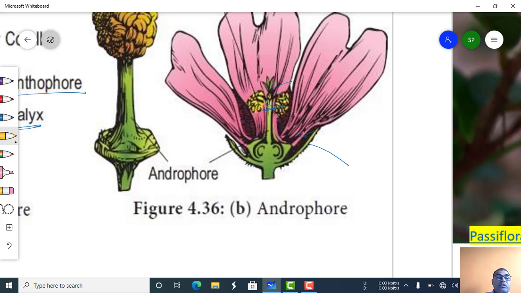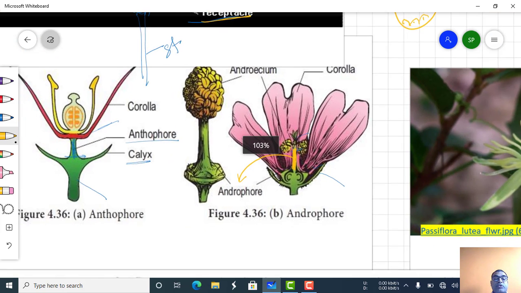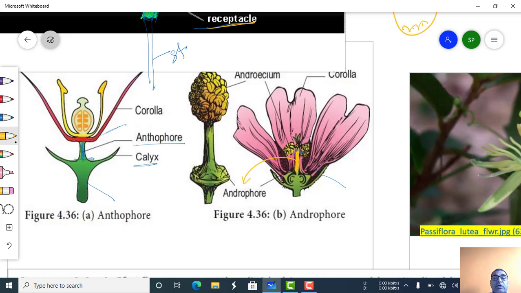The internode present between corolla and androecium is called an androphore. This is the whorl of androecium, here calyx and corolla are present. This is the internode formed between corolla and androecium, and therefore it is called an androphore.